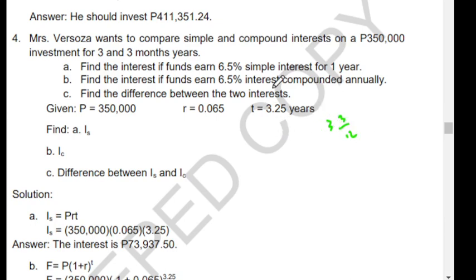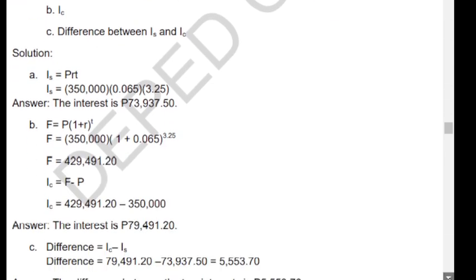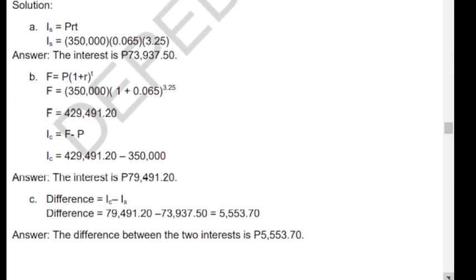So that's why we have 3.25 years. So the first we're going to find is the simple interest. So we have to multiply 350,000 pesos times 0.065 times 3.25.